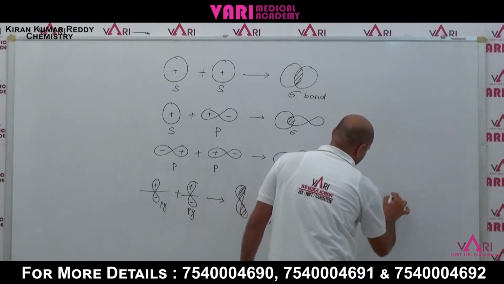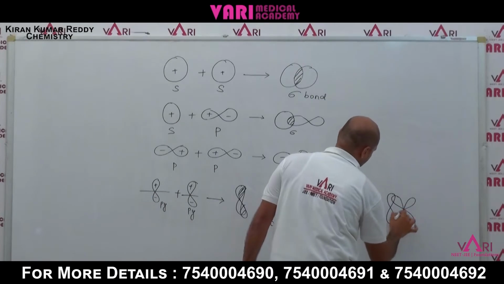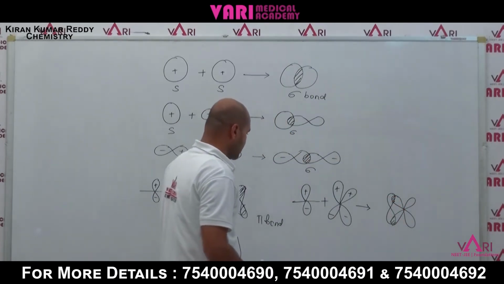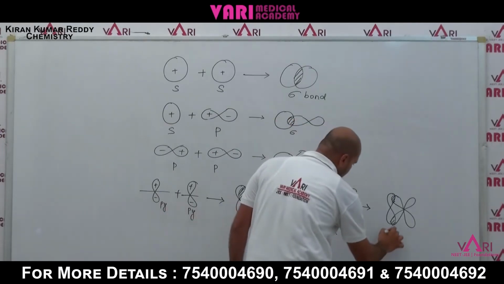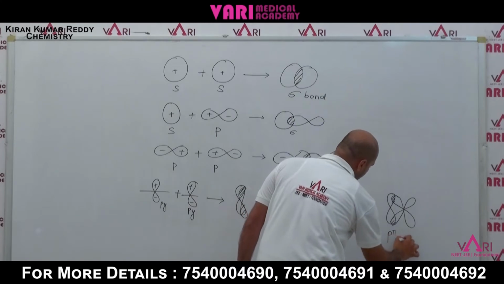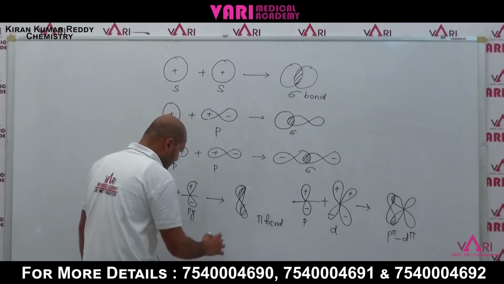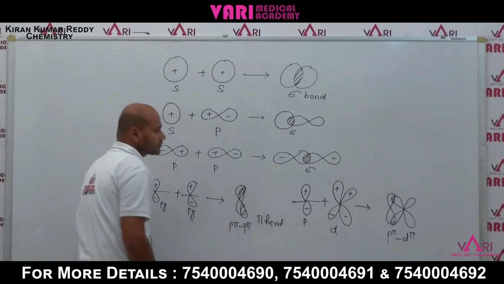We can write like this. Here overlapping, here overlapping. This one is the p orbital and this one is the d orbital. This one is p pi d pi bonding. This one is an example of p pi and p pi bonding.